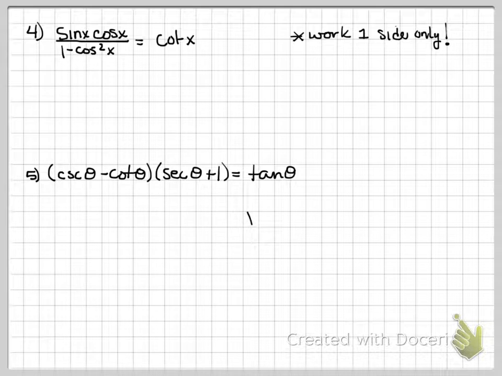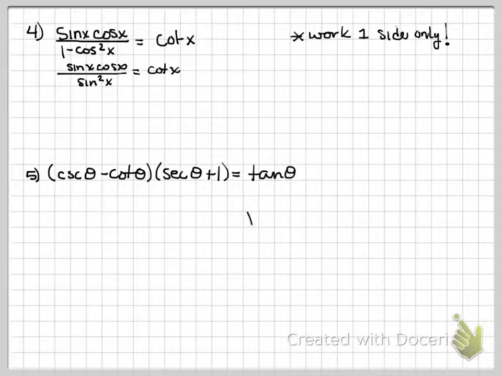So I'm going to put in sine squared x. Equals cotangent x. You need to bring down both sides. You need to bring down that cotangent x with each step that you're doing. You're showing that both sides are equal. You can't just do one side. You got to bring them both down.